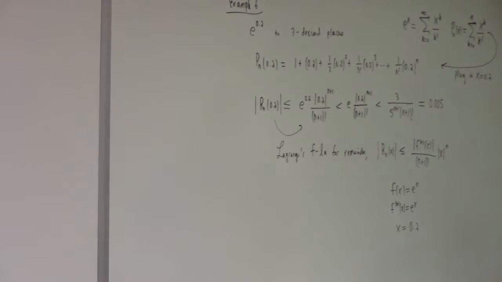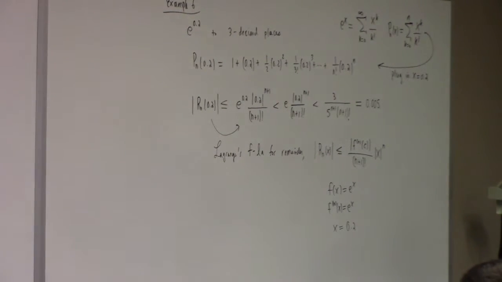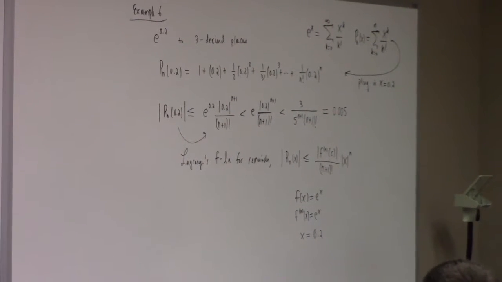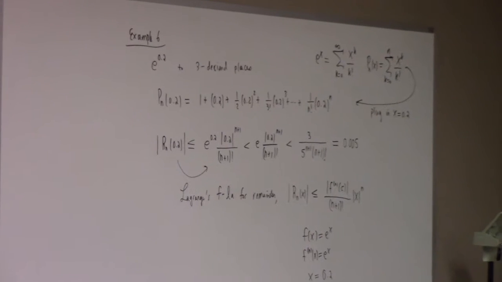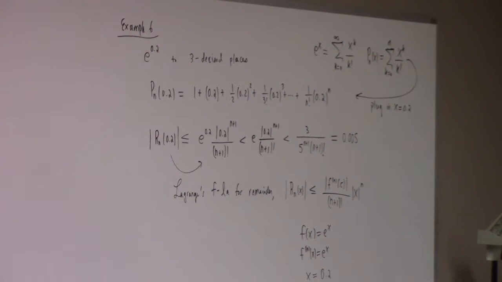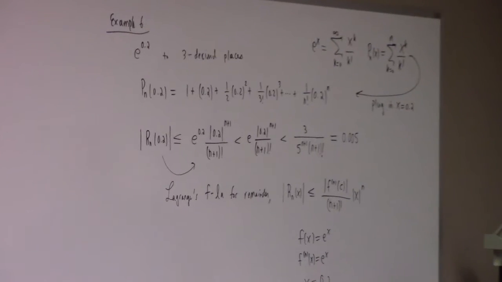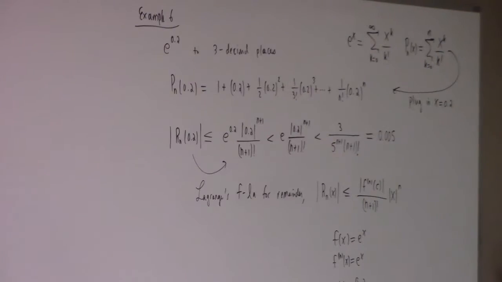Let's talk about example 6 from section 12.6 for a second. The question is to estimate e to the 0.2 to 3 decimal places, right? The question is how many terms do you need to take in the nth Taylor polynomial evaluated at 0.2 to make that happen? And in order to answer this question, we need a tool, which we don't yet have.